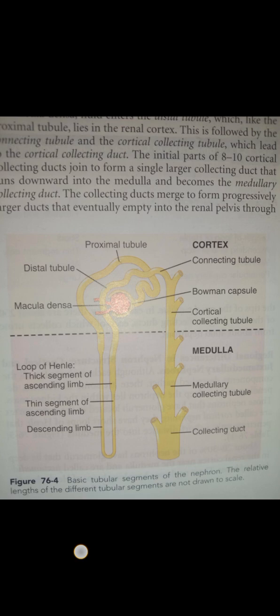Then in the case of medulla region, inner zone and outer zone, two separations are there. So in the outer zone, there will be arcuate artery and vein, interlobular artery and vein, thick loop of Henle, vasa recta region. And if we look at the inner zone, we can see collecting duct, duct of Bellini, thin loop of Henle, and all those related structures.